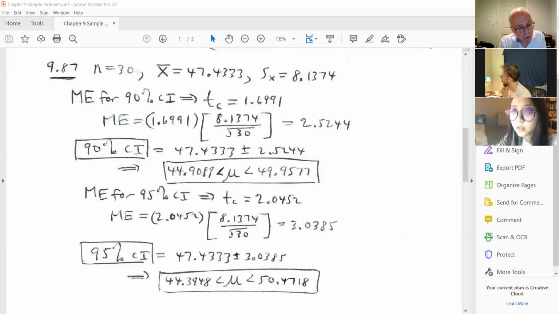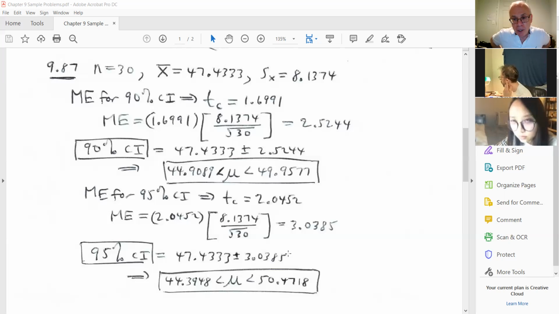That's the only reason you're using 29 for the critical value. The standard error is the standard error. When you're estimating a mean, you always divide by the square root of sample size, period. You're not subtracting anything here. Don't confuse those two things. The standard error is always dividing by the square root of sample size when we're estimating a mean.